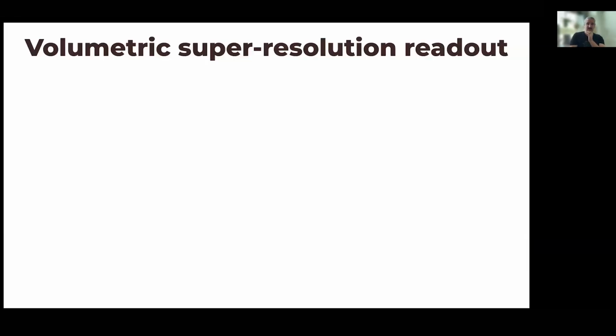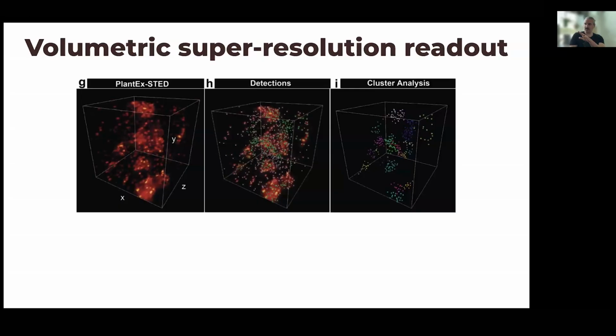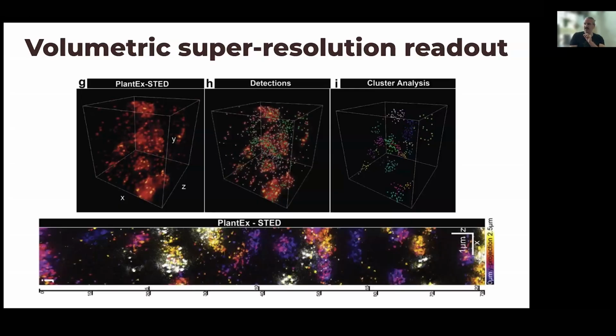We can also use this very nicely for volumetric imaging. Volumetric imaging, especially with super resolution, is often very difficult, but the expansion microscopy leads to a clearing of the sample, so we can image very deep tissue, which we could not do otherwise because the tissue scatters the light. So this is the cluster analysis that I showed from the video, and this is the same cluster analysis encoded by imaging depth.